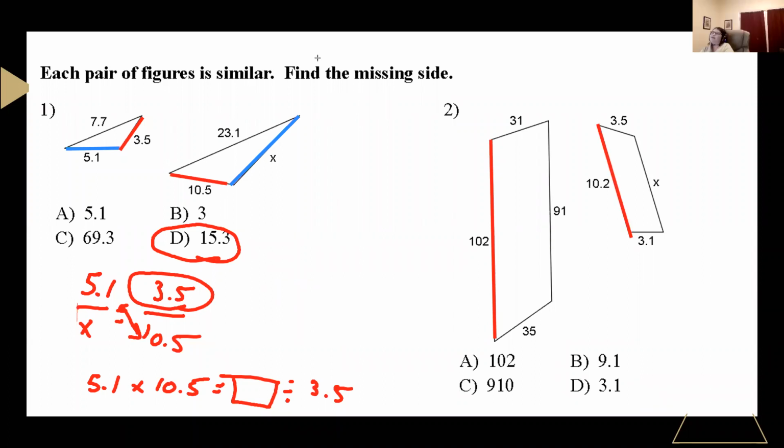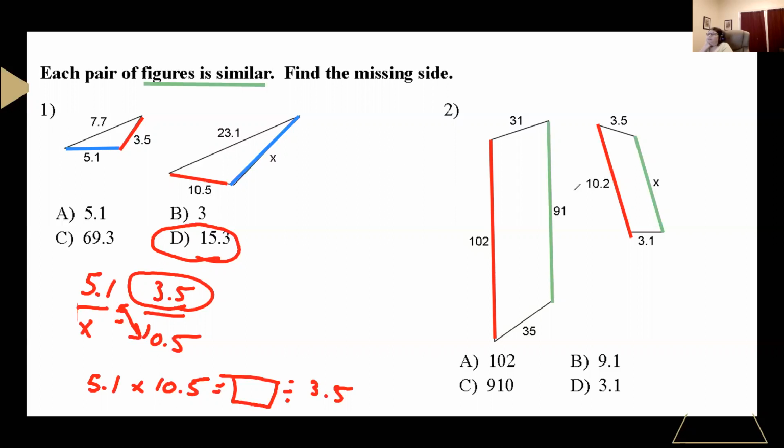And then this one is the second longest, right? 9.1. Yes. Which would be the x here. So I just need two sides to compare because they already told me here that the figures are similar and that I need to find x.